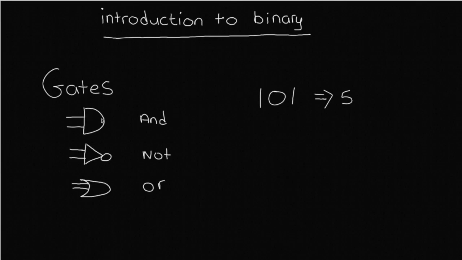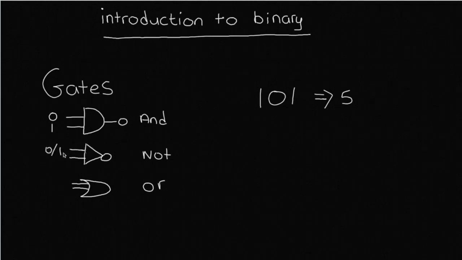For example, the AND gate will take in 2 values. It could be 0 or it could be 1. If these numbers are both 1, we will get an output of 1, otherwise 0. In this case, they're not both 1, so we'd get 0. A NOT gate takes in 1 value, so it could be 1 or it could be 0.